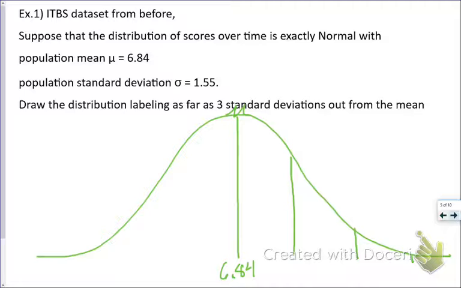And that's 3. I like to write a sigma. Let me write a better sigma. 2 standard deviations and 3 standard deviations. And then let's go backwards. There's 1 below, 2 below, and 3 below.